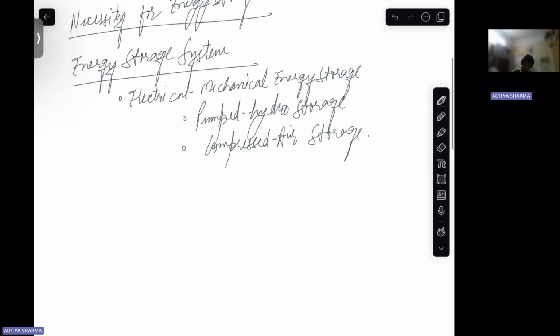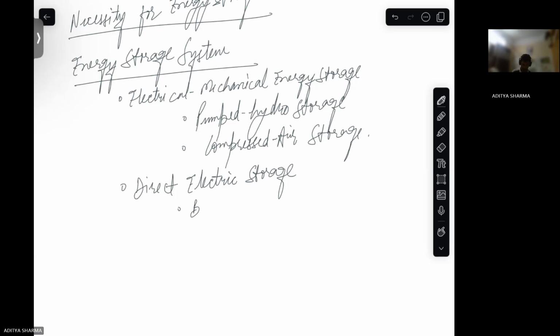Then I'm mentioning the energy storage systems, then is your direct electric storage. So in your direct electric storage, what comes?